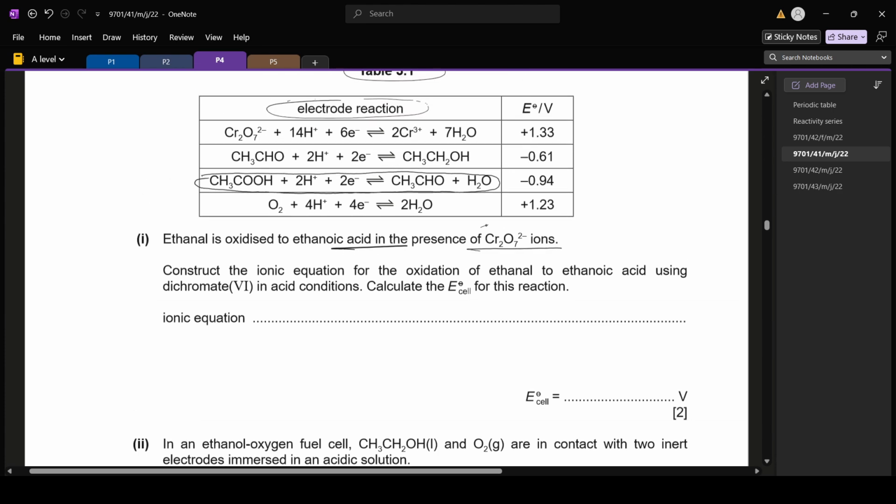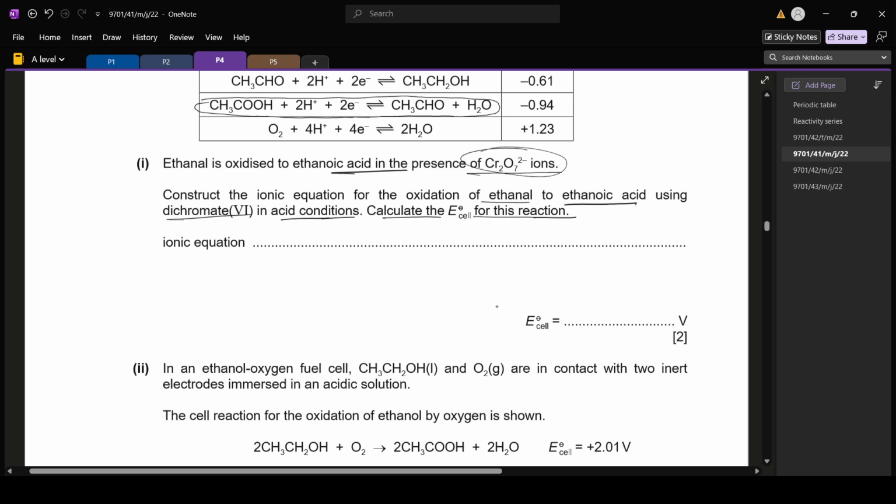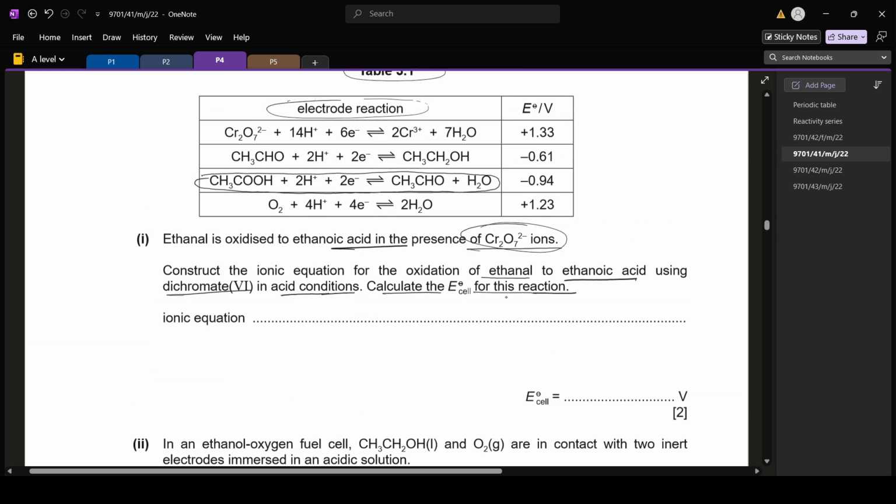In the presence of dichromate ions, construct an ionic equation for the oxidation of ethanol to ethanoic acid using dichromate in acidic conditions. Calculate the standard cell potential for this reaction.